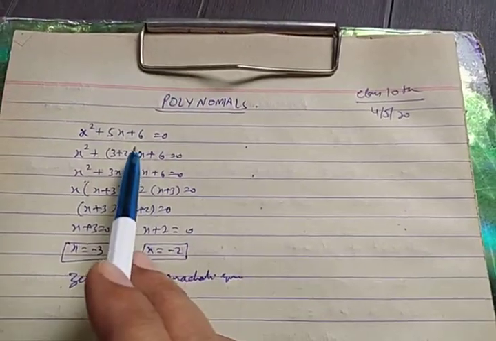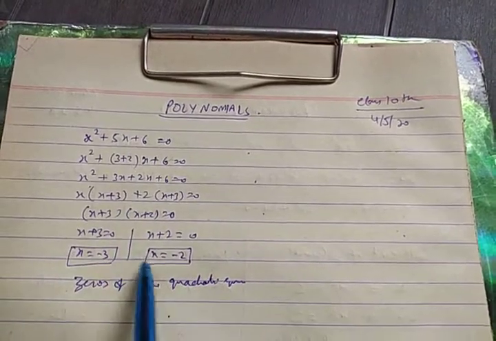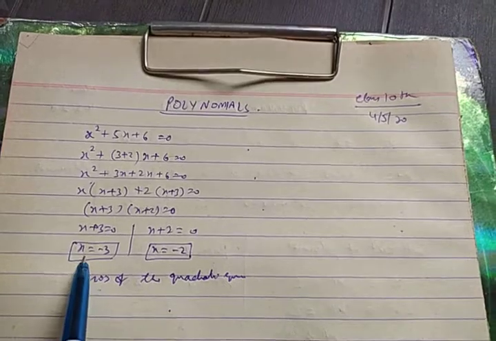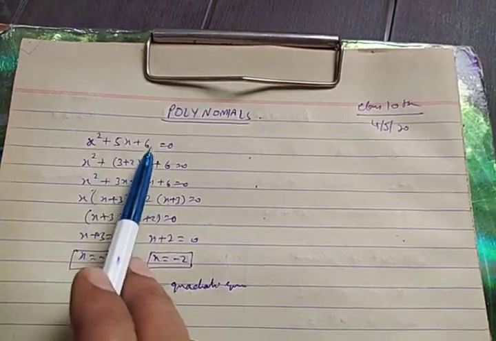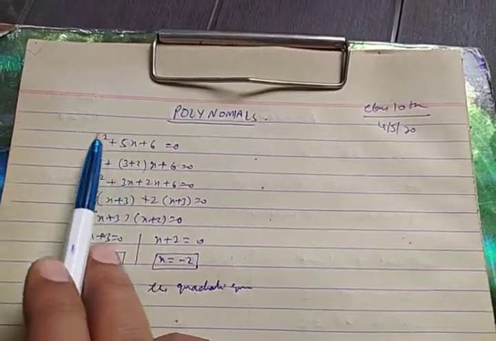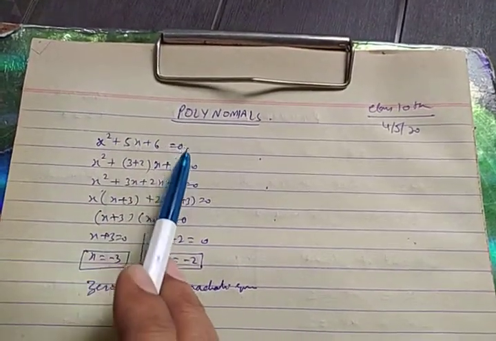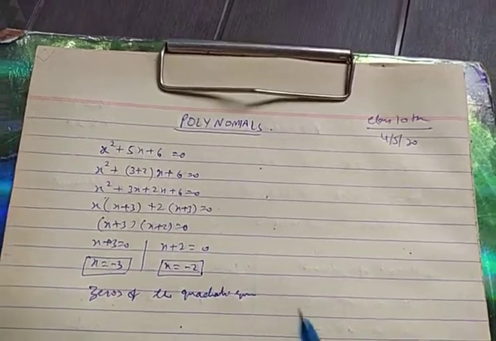In this equation, I have solved and obtained these two values, and these are the zeros. Zeros means when you substitute x is equal to minus 3 in this equation, you will get this side equal to 0, means both sides, left and right, will be equal.